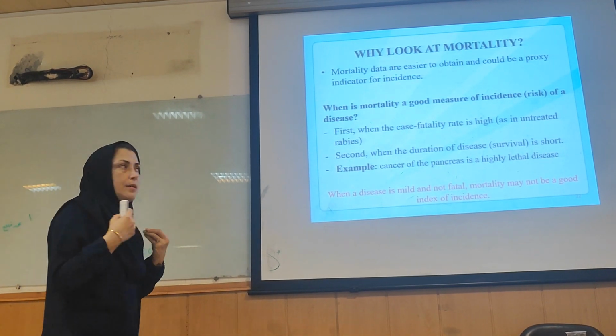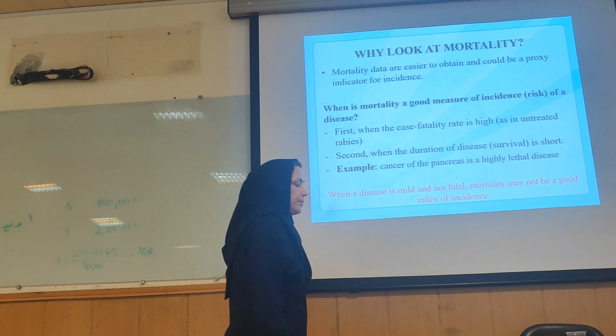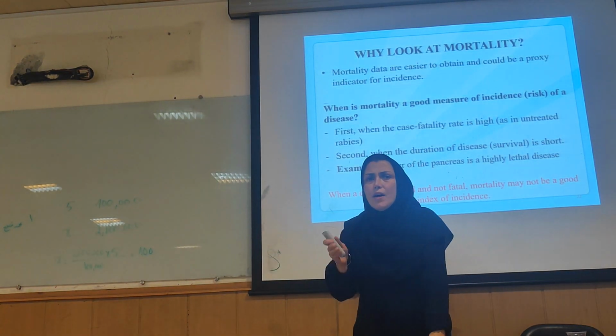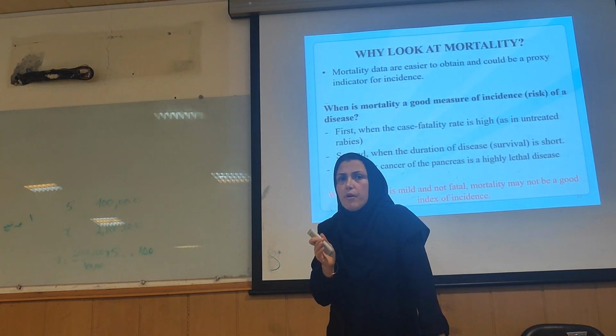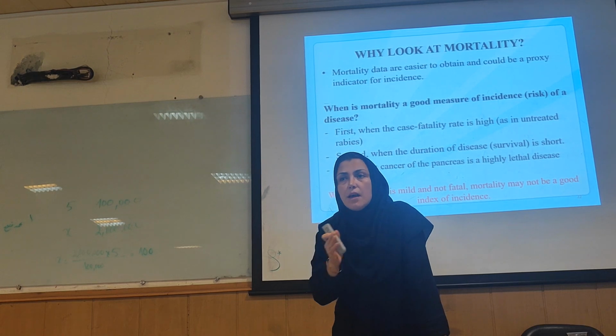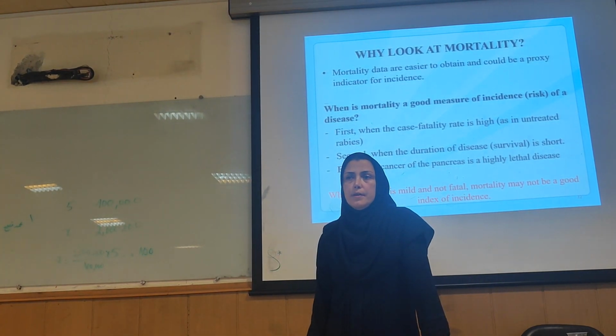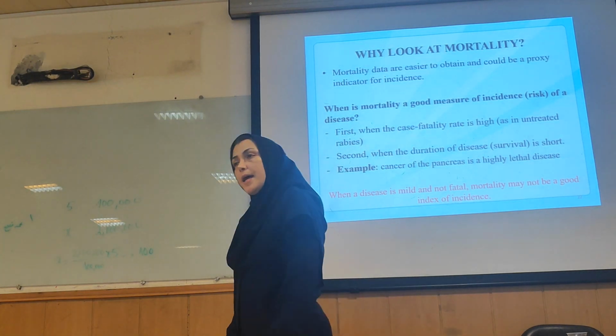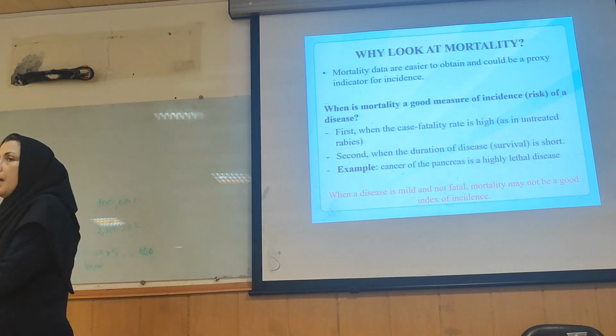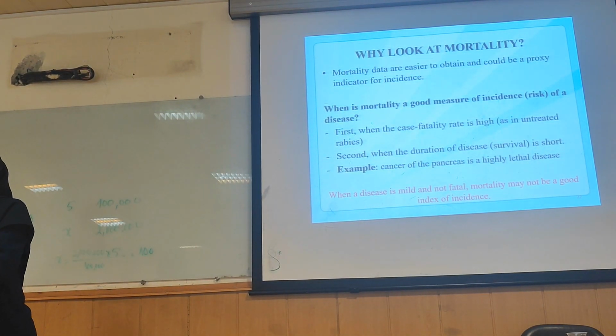If I tell you that, for example, 91% of pancreatic cancer patients will die within 1 year, yes? And also, I tell you that the case fatality rate of pancreatic cancer is 90%.